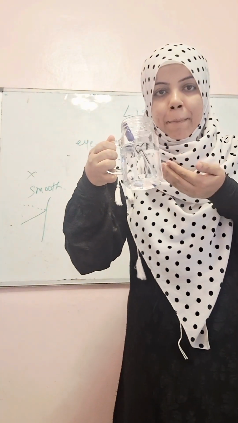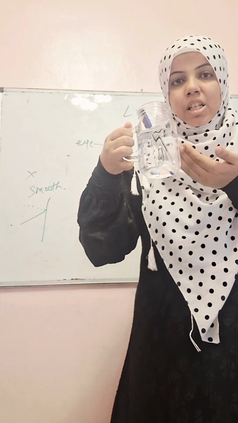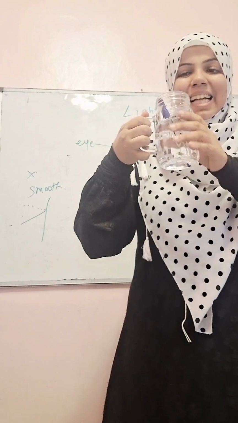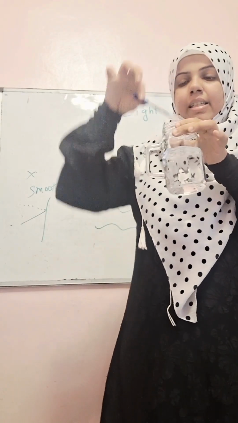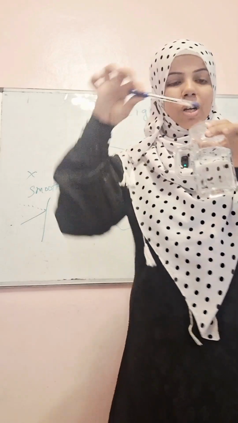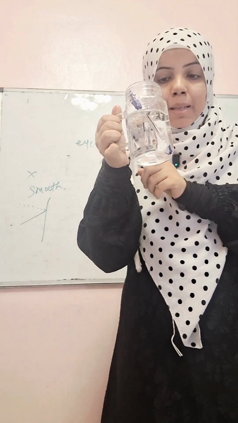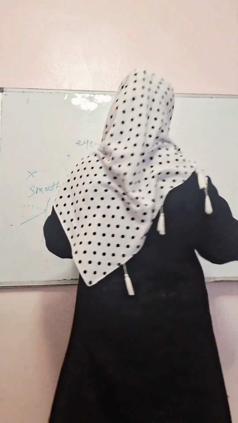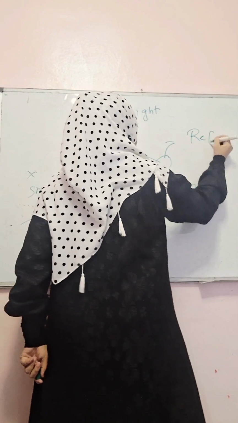The pen appears to be bent from this part. But is that actually the case? Is the pen bent? No. It just appears that the pen has shifted. So this concept is called refraction.